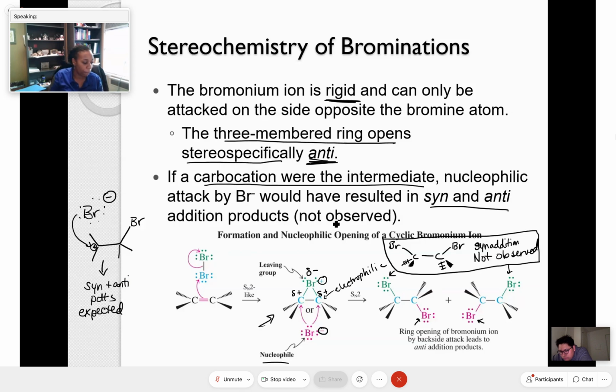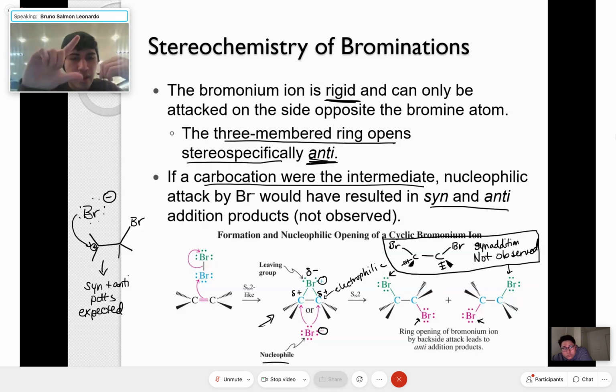Questions there? Yes, the bromonium ion intermediate where it makes the ring. How is it positively charged there if it has the partial negative charge? This is a formal charge.